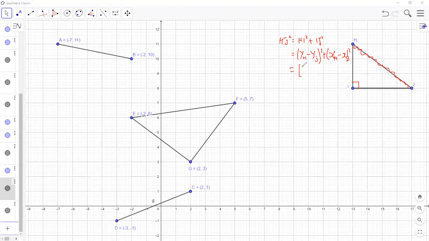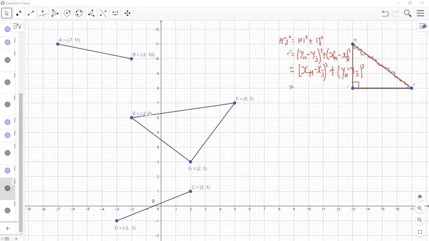So I can also rewrite this as xH minus xJ all squared plus yH minus yJ all squared, because when we read coordinates, we start off with the x coordinate. That's a matter of convention and convenience.